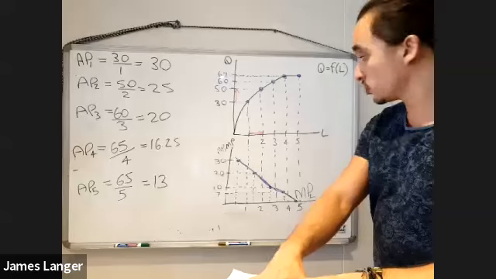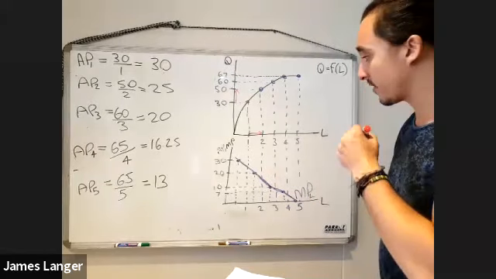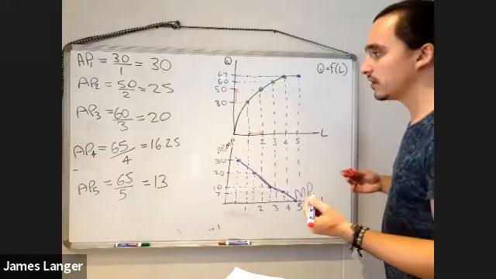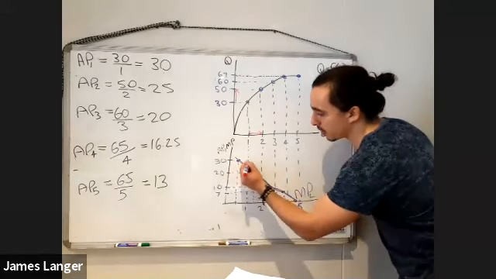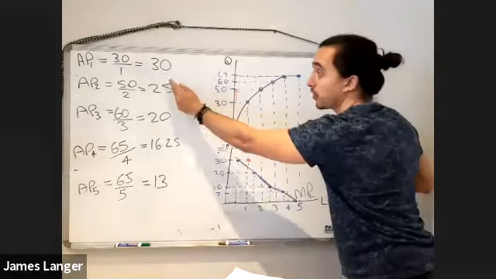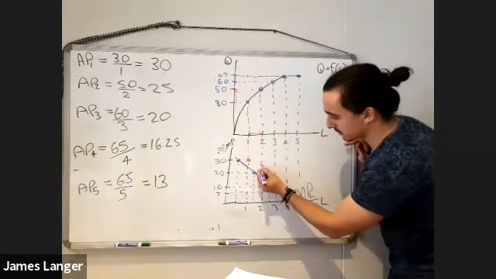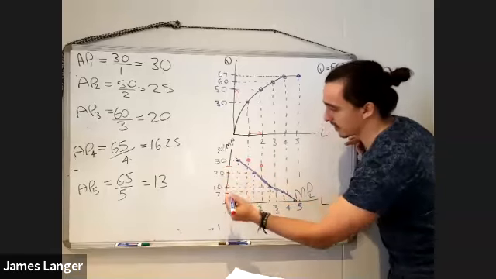Now, I don't want to spend too much time drawing lines on the board because I don't think it's very necessary. But essentially, what you would do now is you would put your average product on the 1 line. So 30 for average product of 1, 25 for the average product of 2. So that's 25 there. Okay.